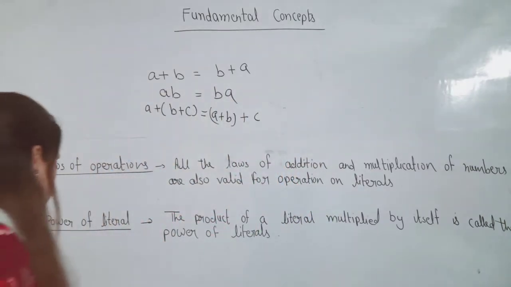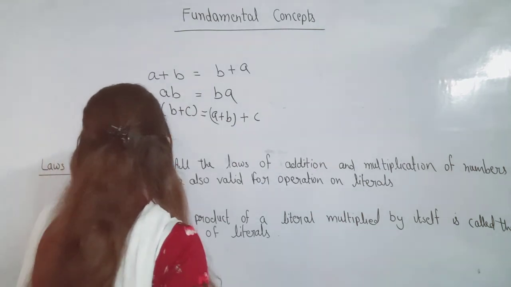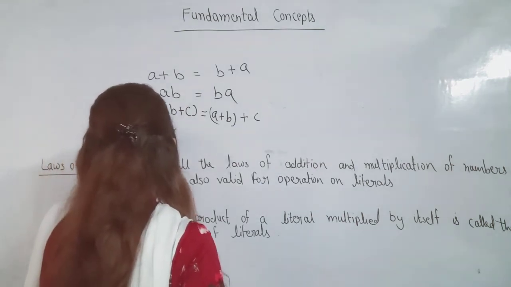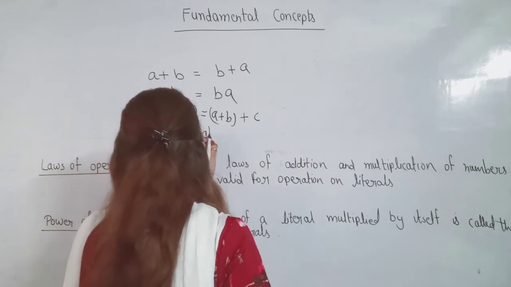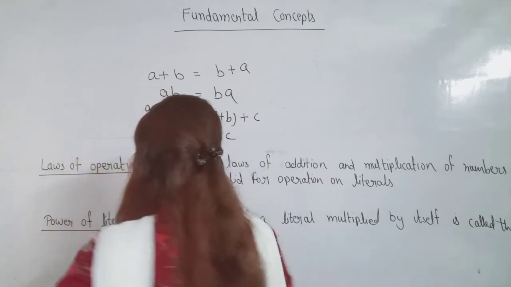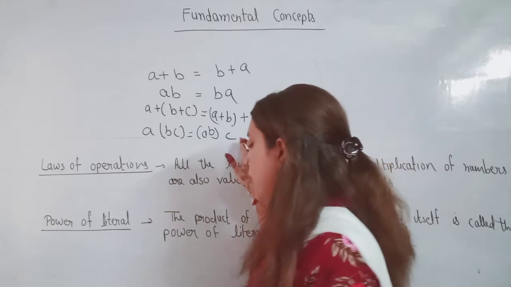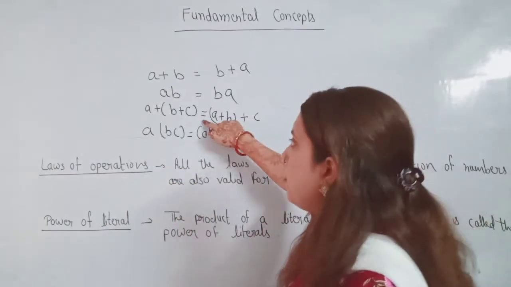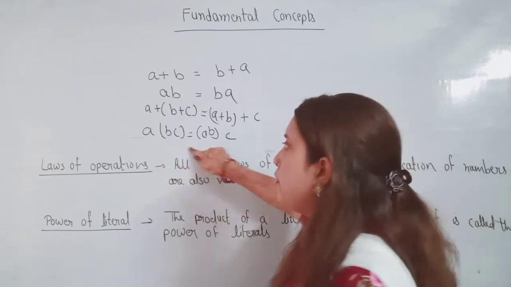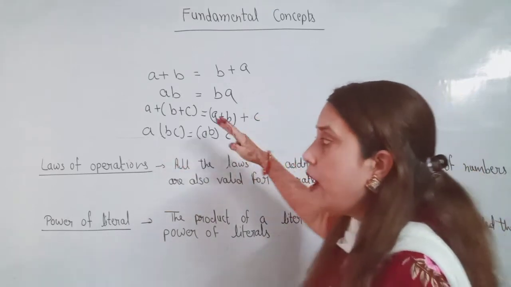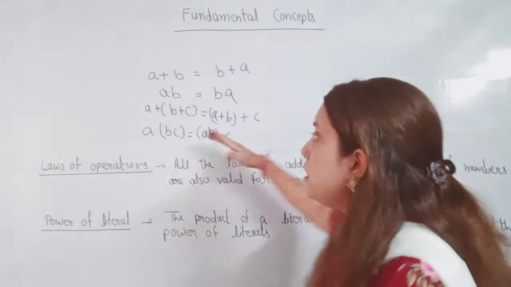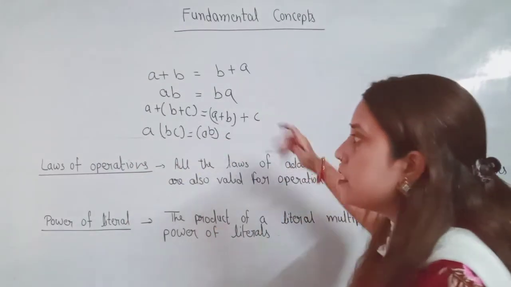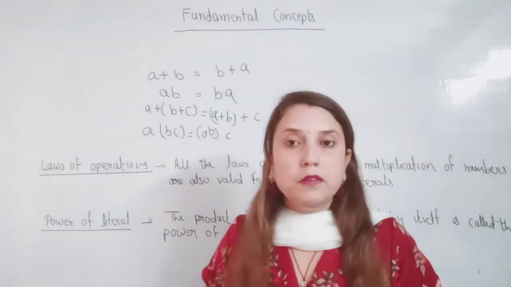Same as it is, you can say AB into C is equal to A into BC, associative law of multiplication. You have already learned all these things in your previous class.